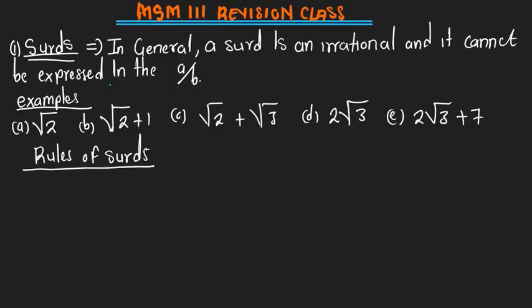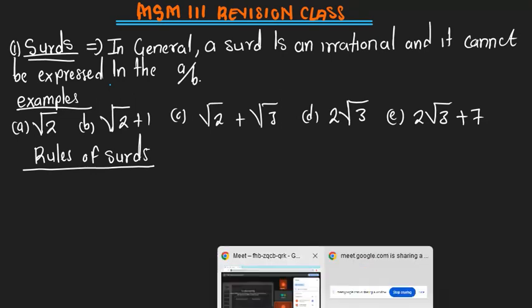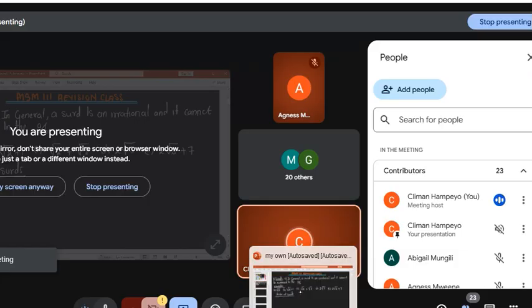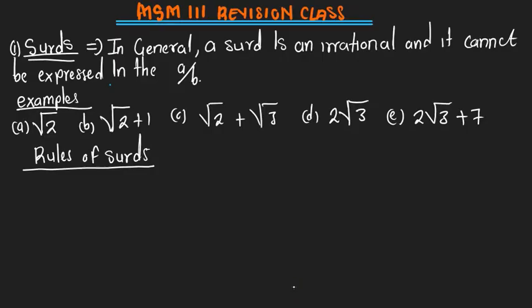You do not disobey these rules. The moment you disobey any of the rules, that is the failure of your answering of that particular question. What are those rules? The first rule that I'm going to introduce to you is called the product rule.